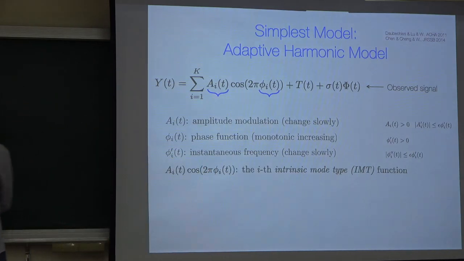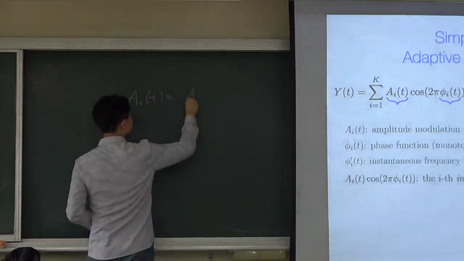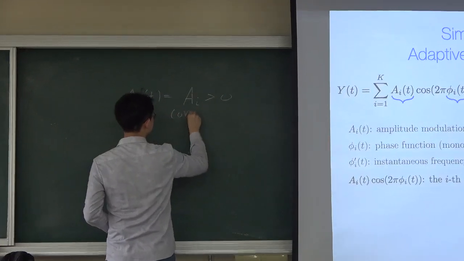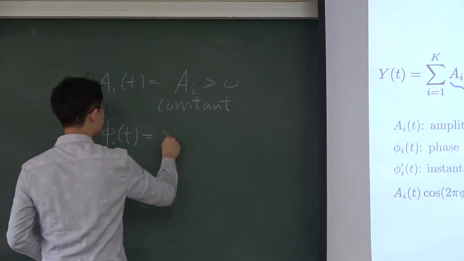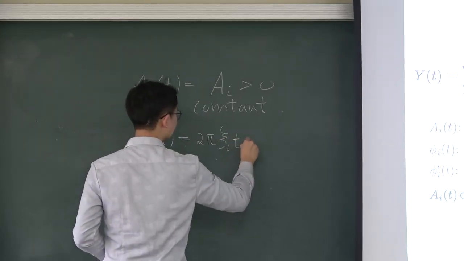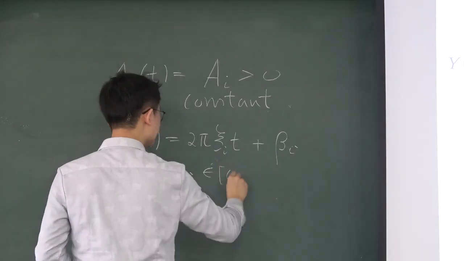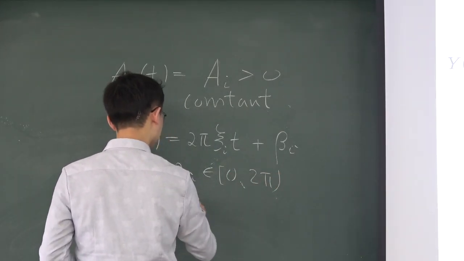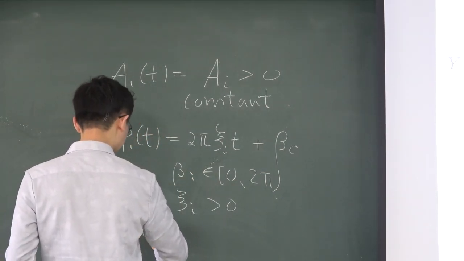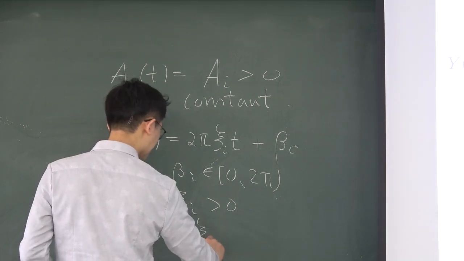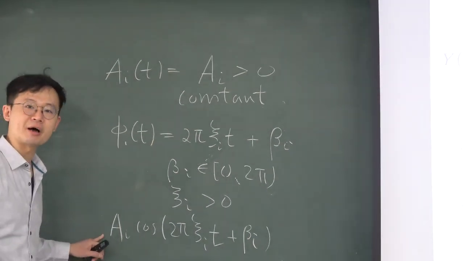And if you pay attention, suppose a_i(t) is a constant, and you have φ_i(t) equal to f_i t plus β_i, where β_i is between 0 and 2π and f_i is positive. Then what you get will be a_i cos(2π f_i t + β_i). And this is the traditional harmonic function.